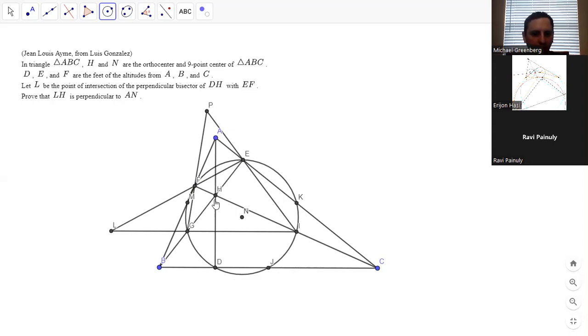So G is the midpoint of HB and I is the midpoint of HC. Could it be a homothety? So a homothety about H with ratio 2. Like what if we reflect H about A? I don't know.